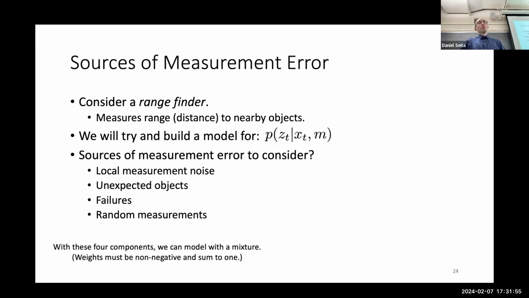You can model them with some kind of mixture model. Everyone familiar with mixture models? In machine learning, a mixture model means you have different distributions, and for every sample you first pick one of those distributions proportional to its weight, and then you sample from that distribution. That's how you get mixtures of Gaussians.